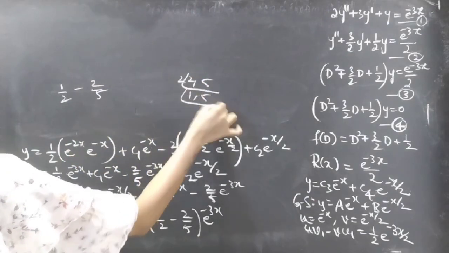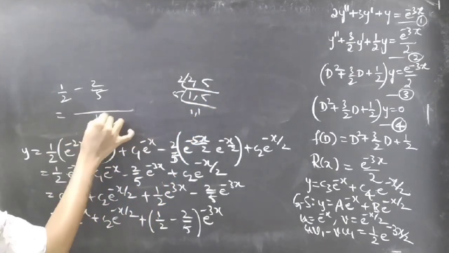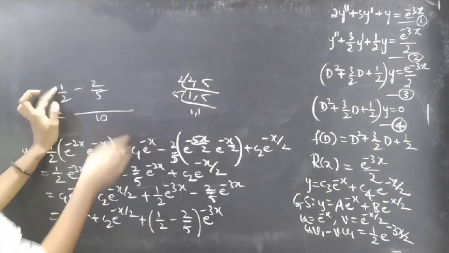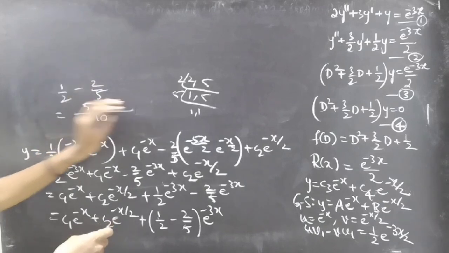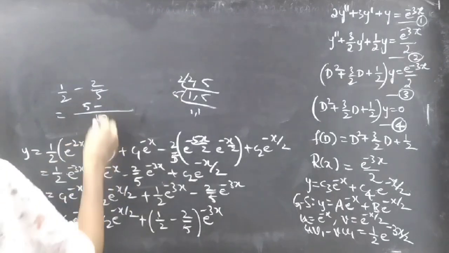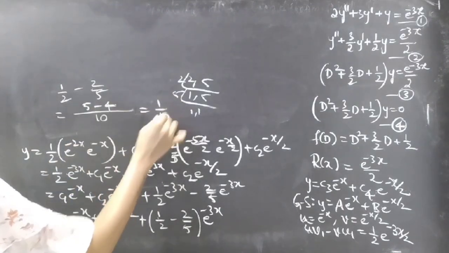LCM of 2 and 5 is 10, right? The denominator of the first term is 2, so close 2 and multiply 5 to the numerator 1, you'll have 5. Minus, the denominator of the second term is 5, so close 5 and multiply 2 to the numerator of the second term, you'll have 2 into 2, 4, which equals 5 minus 4, 1 by 10.